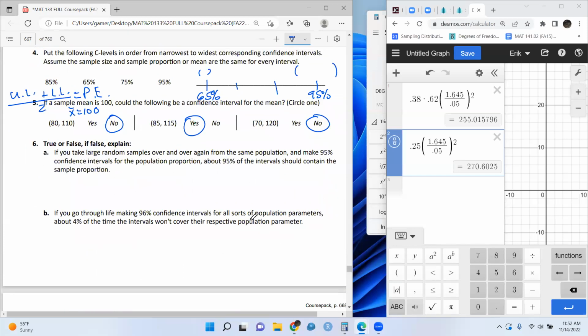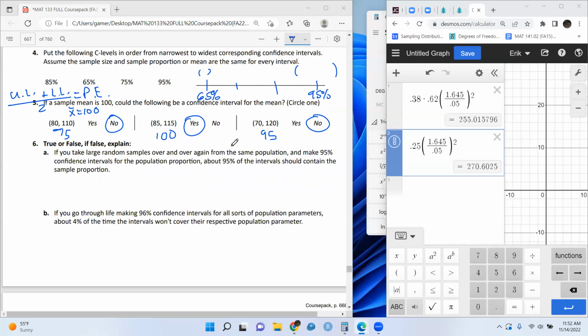Okay. For some reason I'm getting different answers. I put 80 plus 110 in parentheses and then divide by 2 in Desmos, and it said 95. It is 95. So 100 fits in.